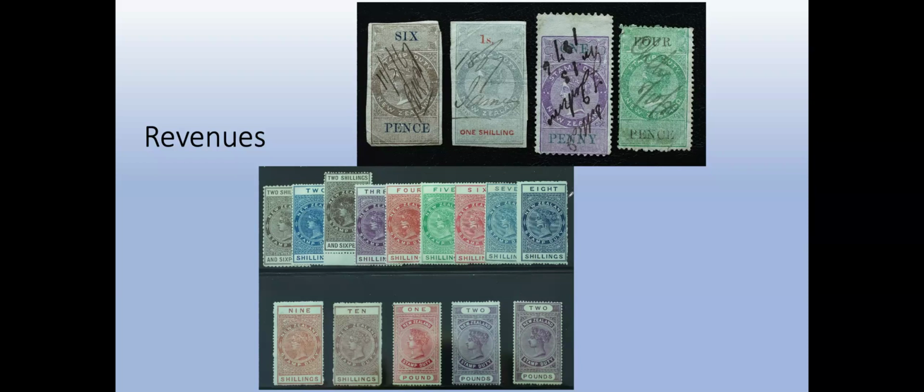So theoretically, while the postal fiscals were mostly for revenue use, they were used for high denomination stamp requirements such as parcels. So revenues and postal fiscals there.